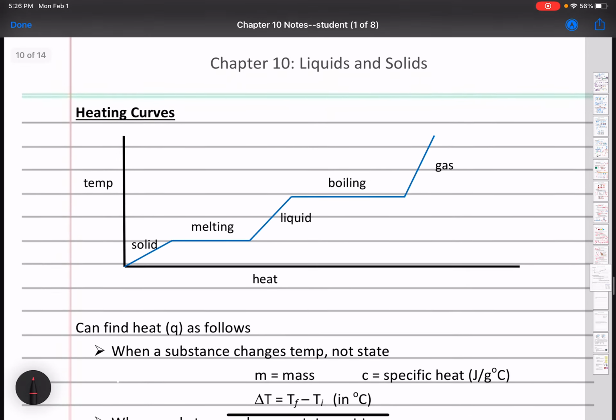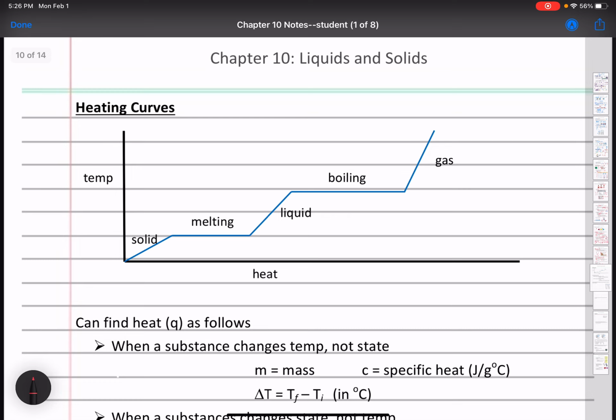So what we can do for substances is we can create these heating curves. So you can heat a substance. So you take it in the solid state. Let's say at 0 degrees Celsius, and we'll talk about it for water.